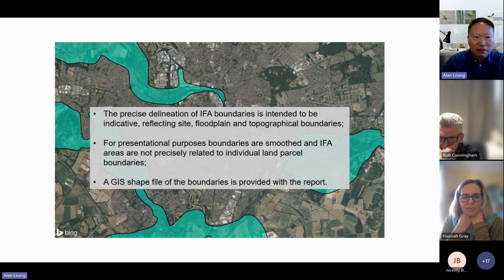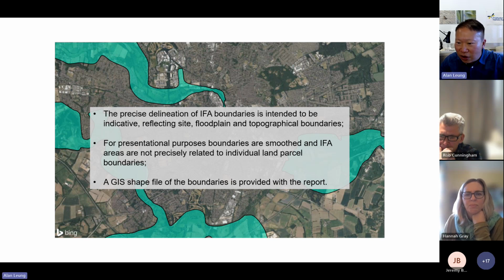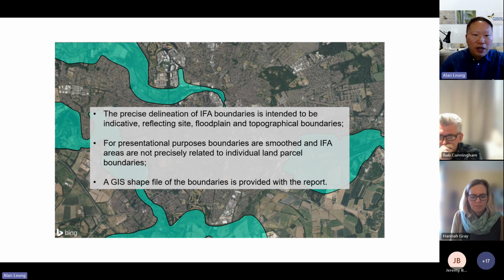It somehow reflects the site structuring and topographical boundaries, and the exact boundary is... can someone not see this line? Okay, I hope you can see this line. Also, for presentational purposes, the boundaries are smoothed.